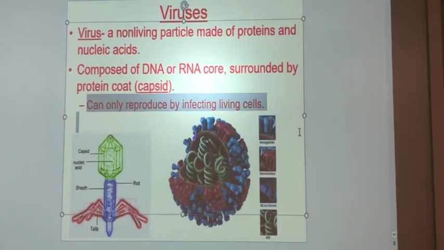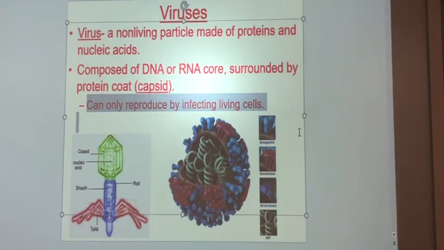So a virus will typically infect only one specific type of cell. So the hepatitis virus will infect only liver cells. It won't infect nerve cells.